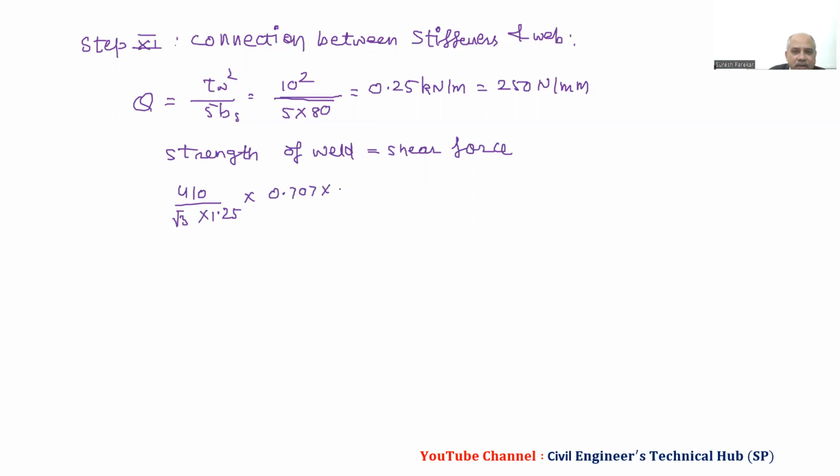We will assume size of weld 6. Length of weld we are assuming 100 and that is equal to 250 into P. And from this, we will get value of P as 321.23 millimeters.